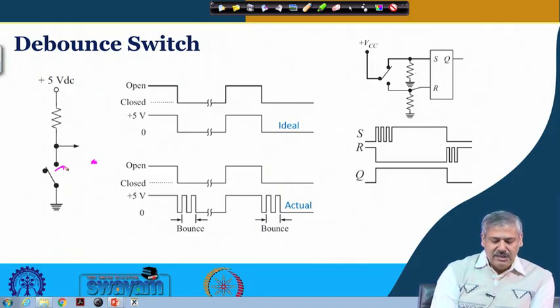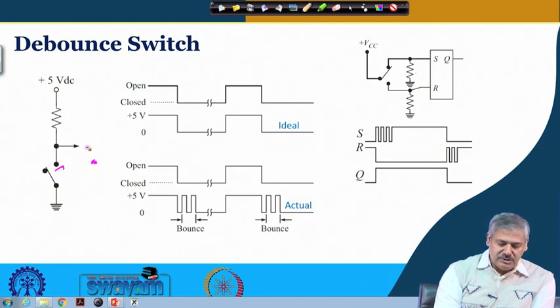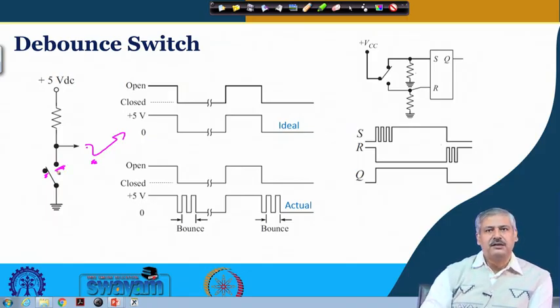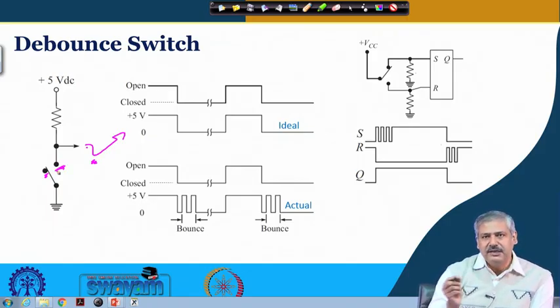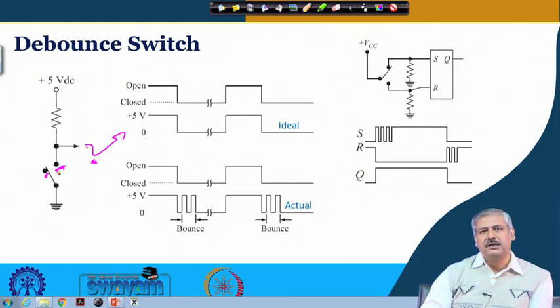And when it disengages from here, this is the output that we are talking about here. When it is connecting here, it is making an oscillation, but it is connected to 0, so it does not make any difference here. Only when it is getting connected at this place, getting closed, at that time there is a small vibration because of the spring action that is there.